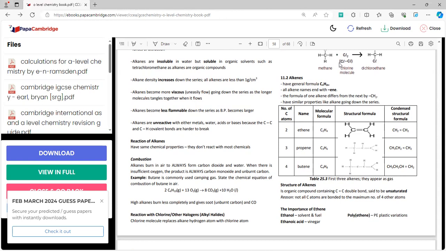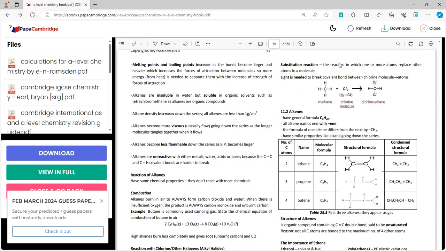However, the only predominant reaction which we can see is combustion, in which alkanes react with oxygen to release carbon dioxide and water. There are two types of combustion: complete and incomplete combustion. Complete combustion occurs in the presence of oxygen, whereas incomplete combustion occurs when there isn't a suitable amount of oxygen present in the environment. So unburnt carbon and carbon monoxide are released.